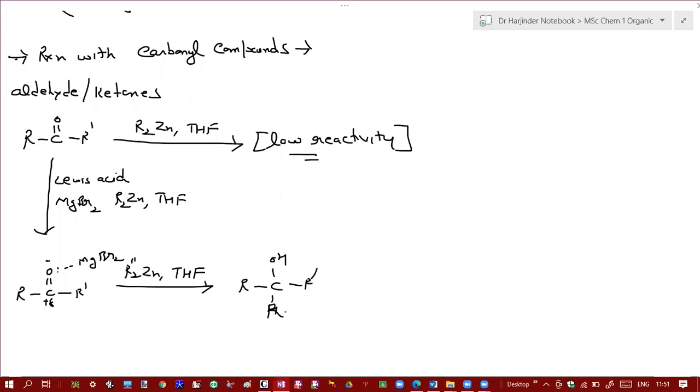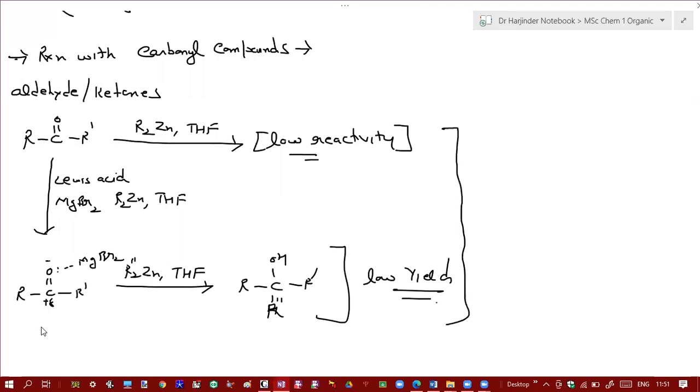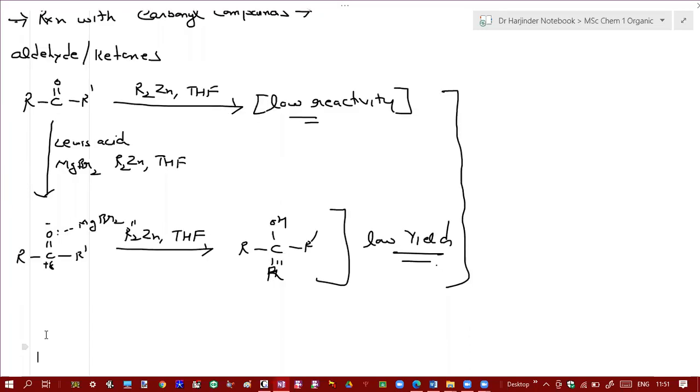You get the corresponding alcohol in low yield. Now give me the product of the reaction of dimethyl zinc with acetaldehyde.